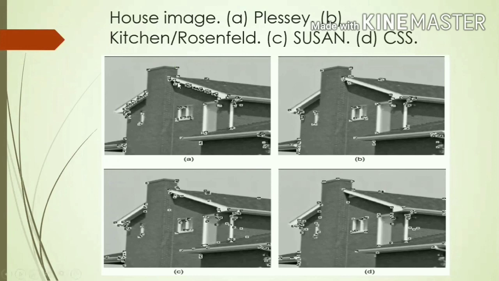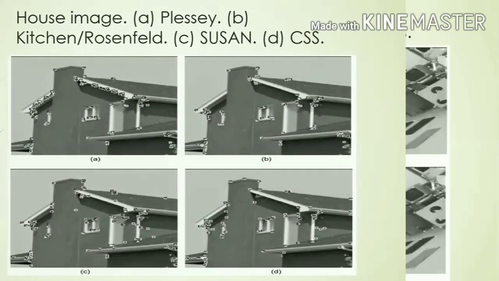But you can see the Plessey has been absolutely wrong. The edges are also detected as corners, whereas here some corners are not even detected. Same way in the Susan, but the CSS had almost accurately done the job with ease. So the CSS detector still performed better than the other corner detection methods.